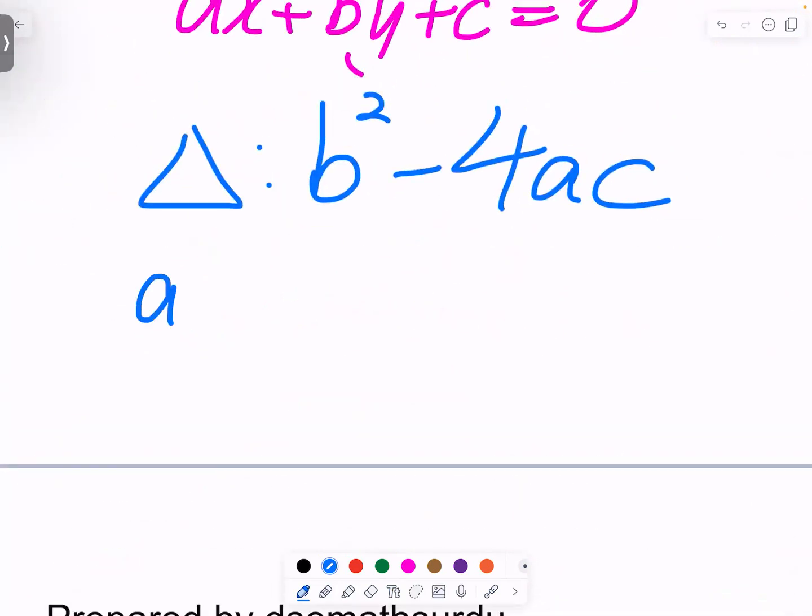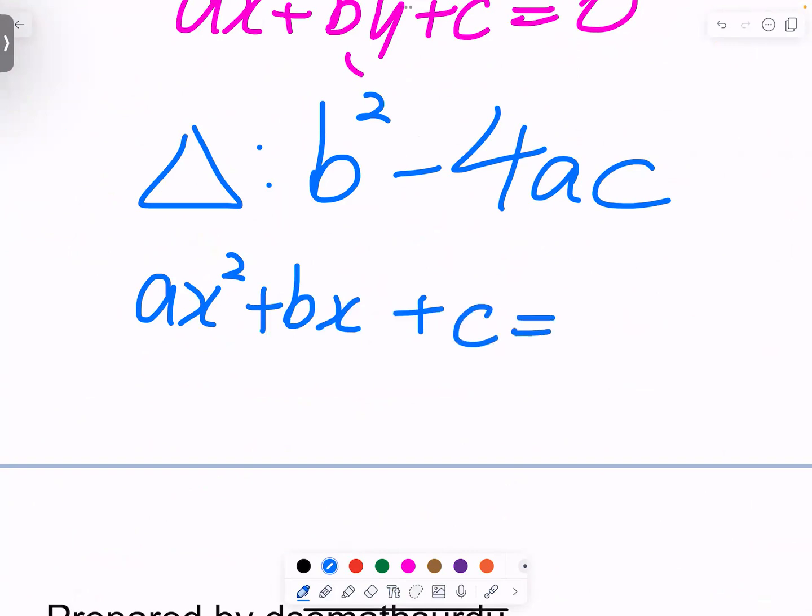So x squared plus bx plus c equals 0. The thing next to the square variable is called a. The thing next to the single variable is called b. And the last one is c. So b means the coefficient of x, a means the coefficient of x squared, and c means the constant.